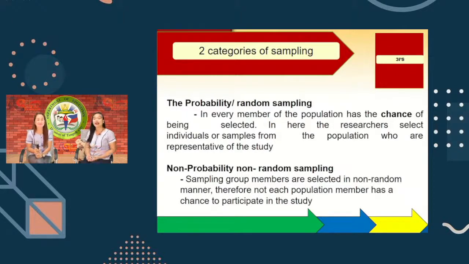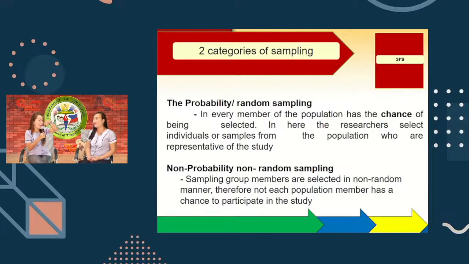Therefore, not each member of the population has a chance to participate in the study, like involving participants who volunteer to be studied only. Non-random sampling, learners, is often used by qualitative researchers or in qualitative research. They are not interested in generalizing the findings to a population, but only describing a small group of participants in a study.